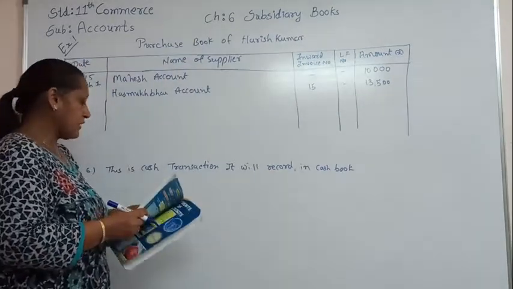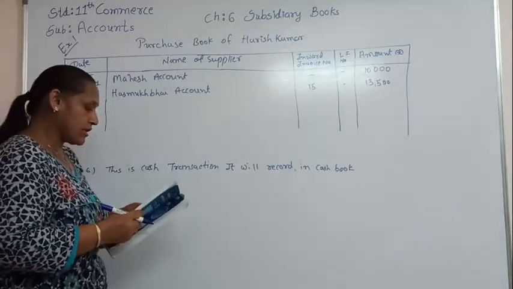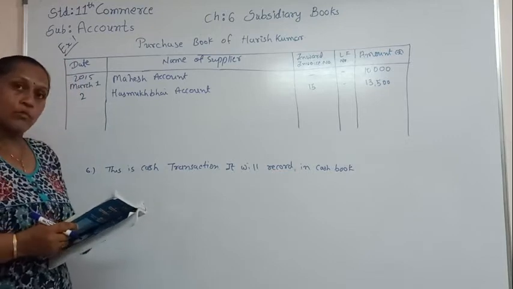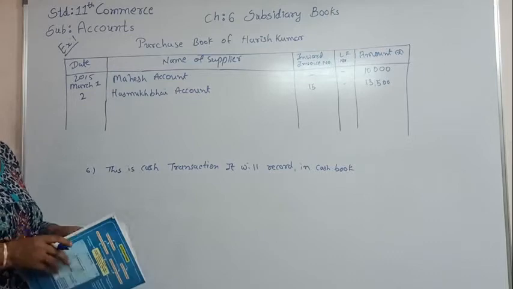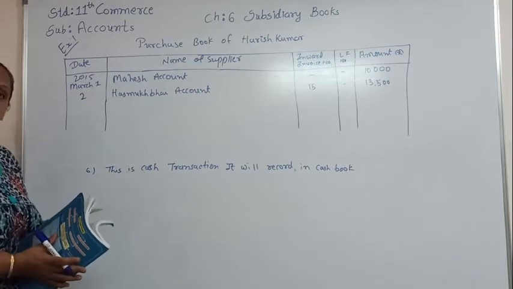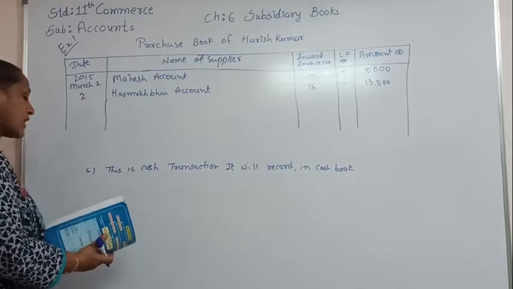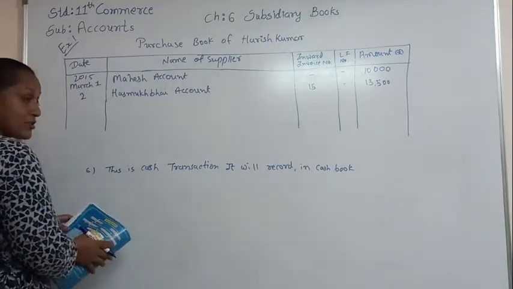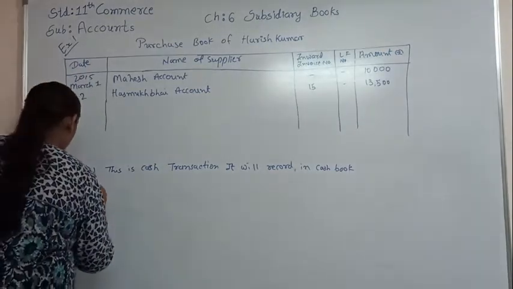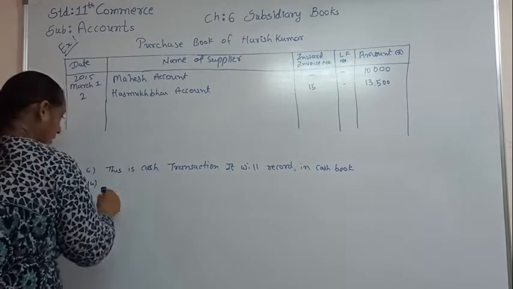Then on 14, place an order with Naveen Bhai to supply goods of rupees 10,000 at 20% trade discount. So again, we know that placing an order is a non-economic transaction. So we are not going to record it in the books. So non-economic transaction will not be recorded in the books, that we are going to write down at the bottom.